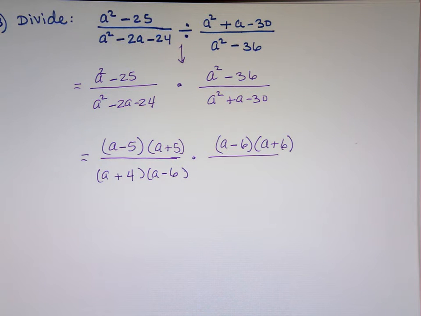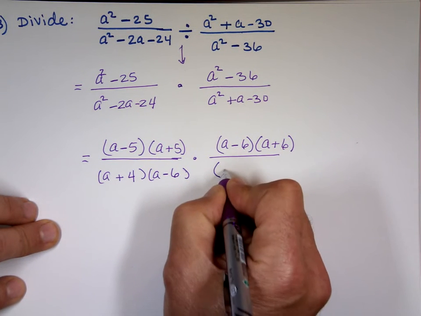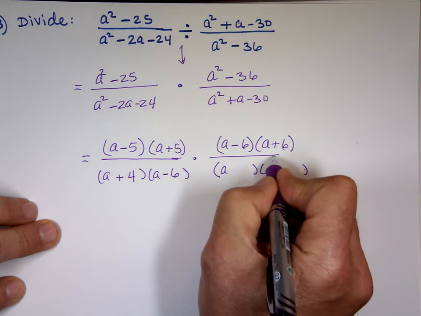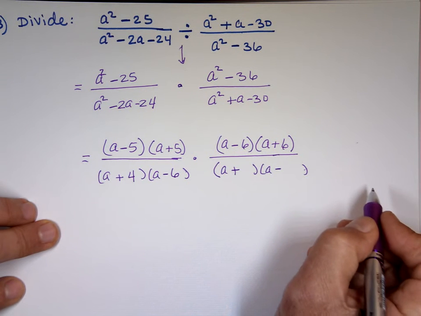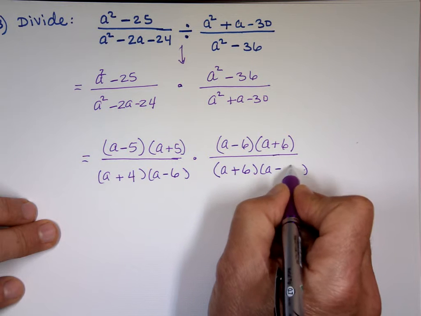This one, a and a again. Negative 30 means one is positive, one is negative. 6 and 5, so plus 6 minus 5. That'll give me the plus 1a.